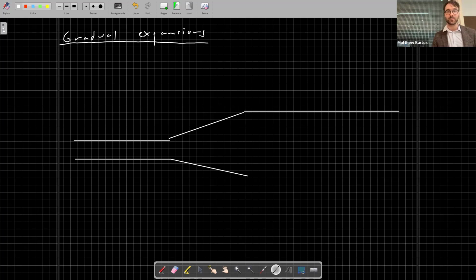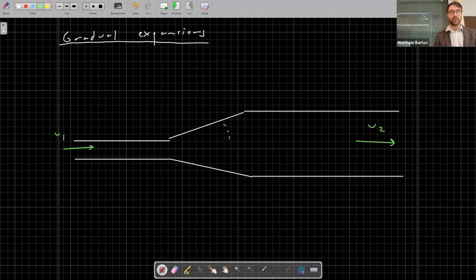And again, we'll have some velocity U1 at the upstream end, some velocity U2 at the downstream end, and there'll be some angle associated with this diffuser that is going to determine our head loss coefficient.